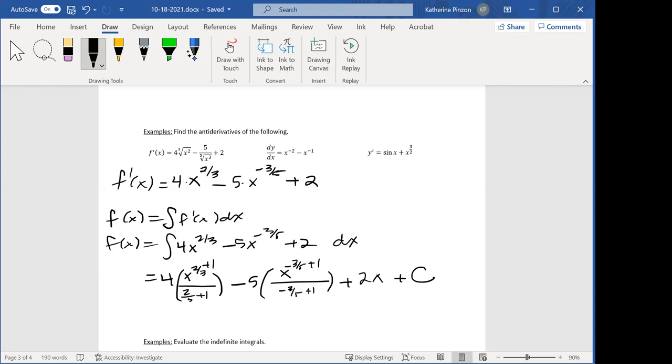So we are going to do a little bit of simplifying. We're going to say 4 times 3/5 x to the 5/3 minus 5 times, -3/5 plus 1 is 2/5. Reciprocal, 5/2 x to the 2/5 plus 2x plus c.